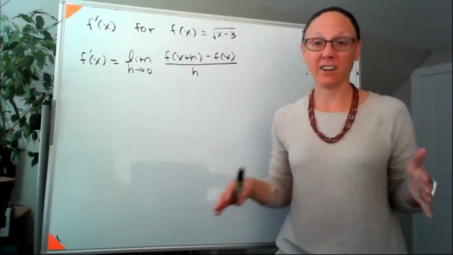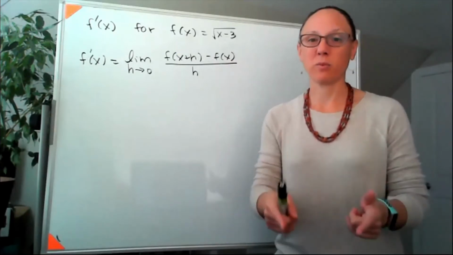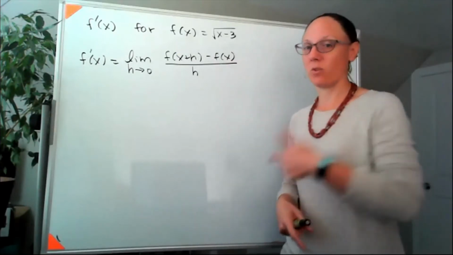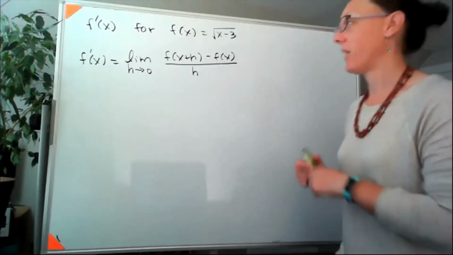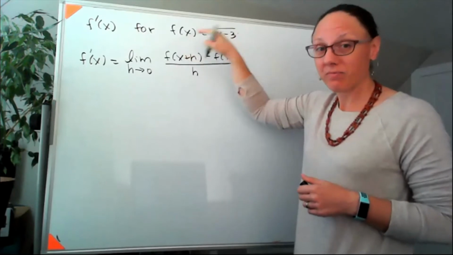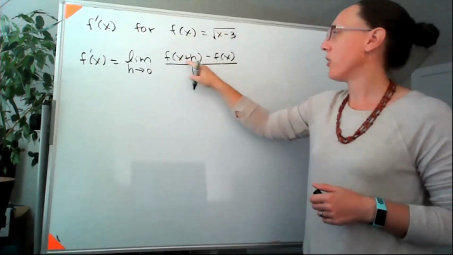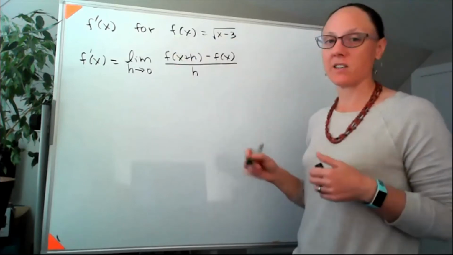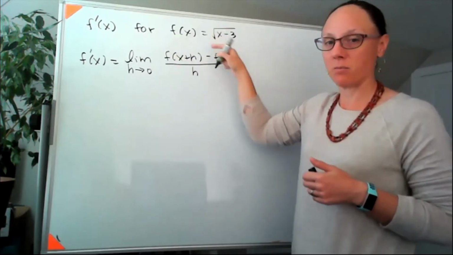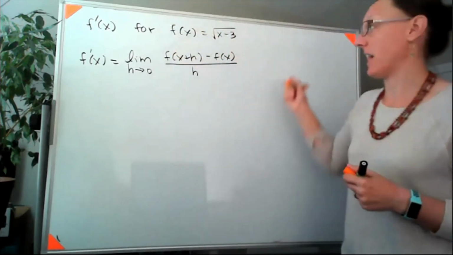And if you hated your pre-calc teacher for making you do those, there was a reason. They were making you do it so that you'd be ready for it in calculus. Okay. In the context of this equation, if f of x is equal to the square root of x minus 3, then f of x plus h says wherever there's an x in this equation, plug in x plus h instead.